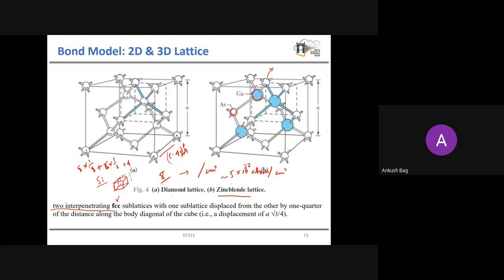These are some important things that we need to understand to calculate the number of atoms, because at the end of the day we are interested to quantify the conductivity of this semiconductor.